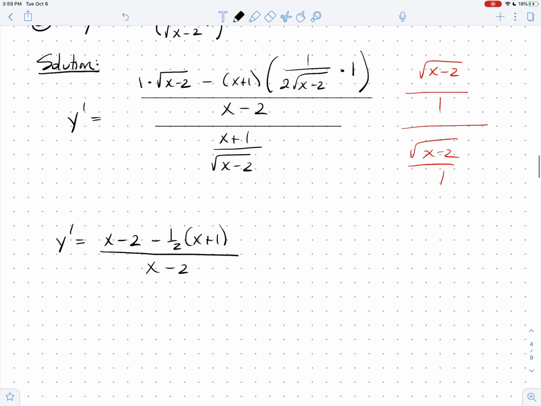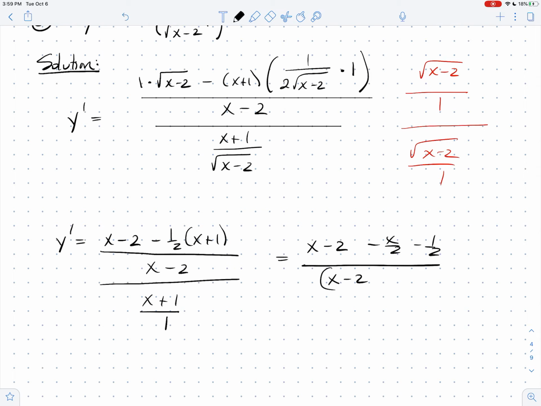And then I've got this all over x plus 1. You can think of the x plus 1 as over 1, flip and multiply, and so you end up with x minus 2 minus x over 2 minus a half all over x minus 2 times x plus 1, because that's all you're doing. This just goes right there.